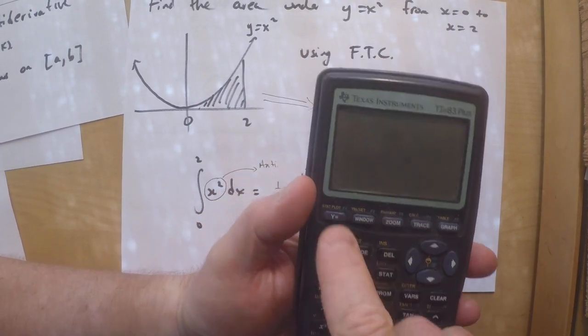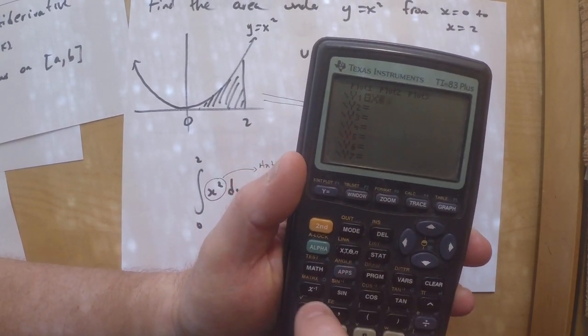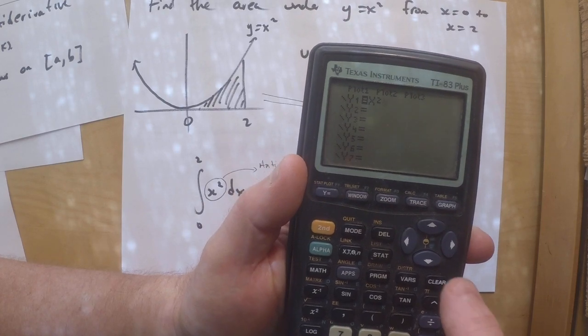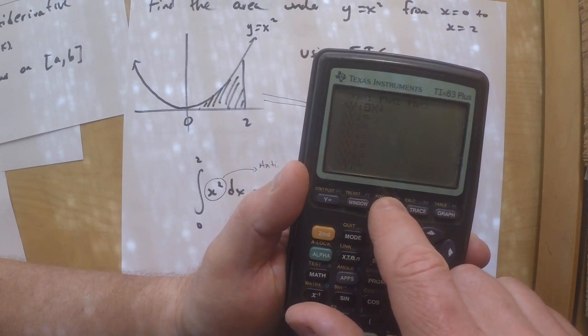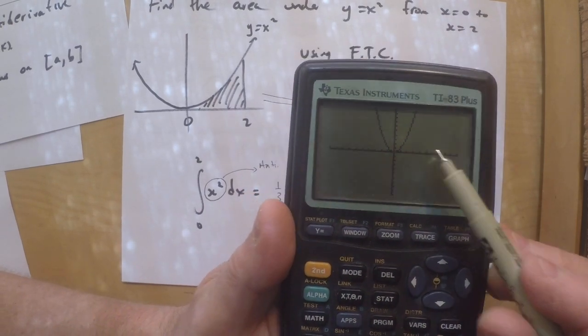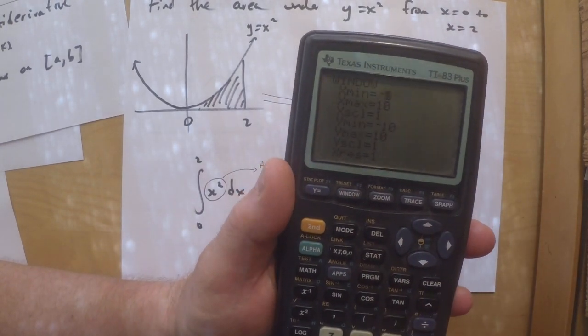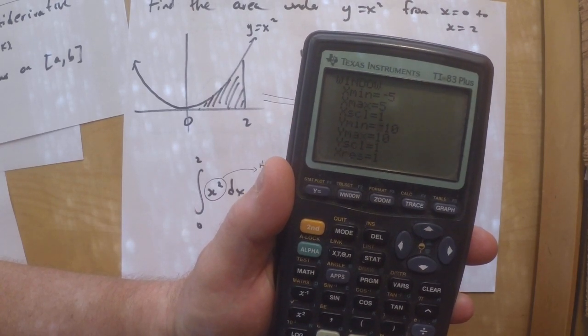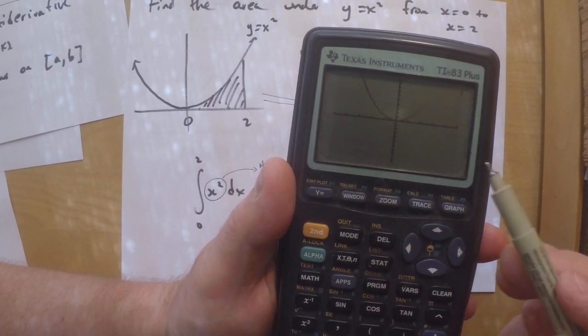We have to fool around a little bit more. If I went to a graphing calculator and graphed x squared, let me make my proper zoom window, I'd get my little parabola there. Maybe let's make the window a little better so it's not so squished. That's a little better. Okay.